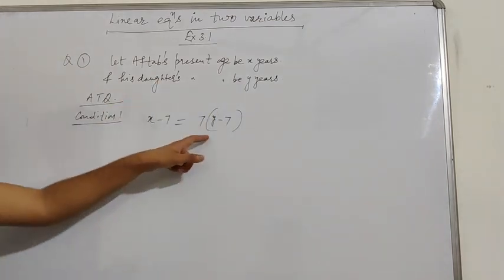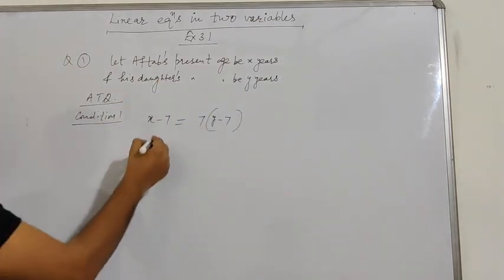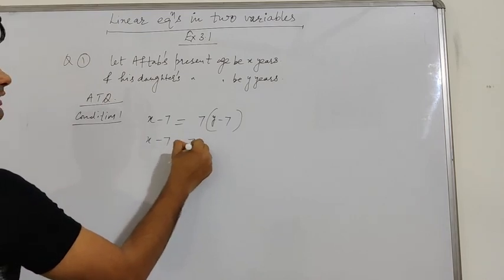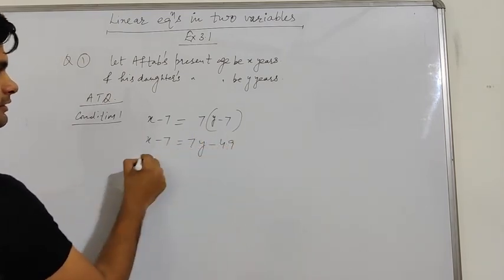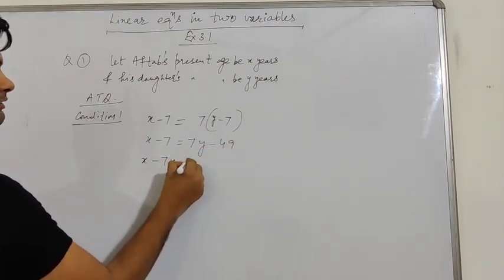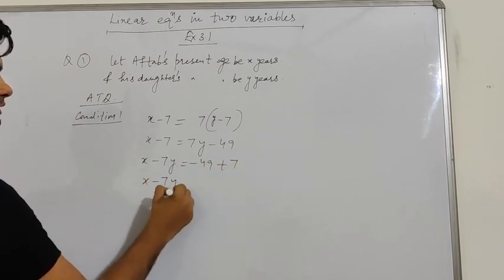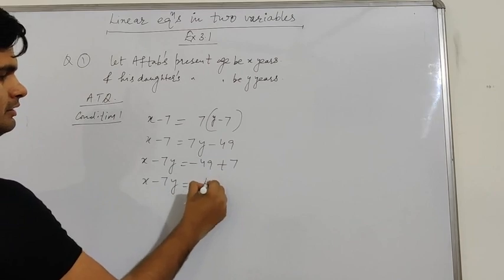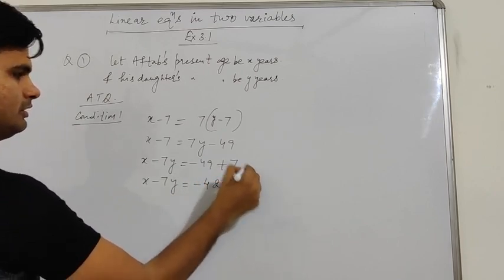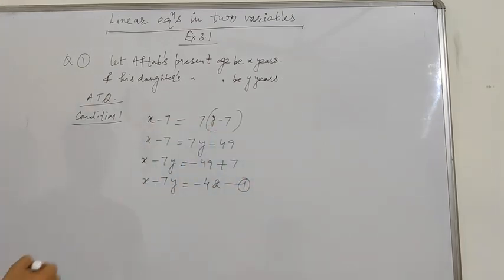Multiply it by 7. Now they are equal. x minus 7 equals 7y minus 49, so x minus 7y is equal to minus 49 plus 7, minus 42. Equation 1.